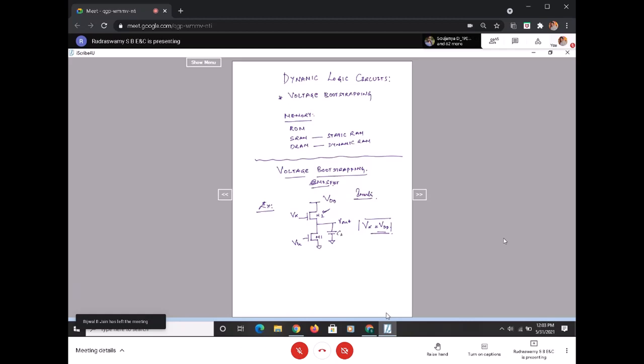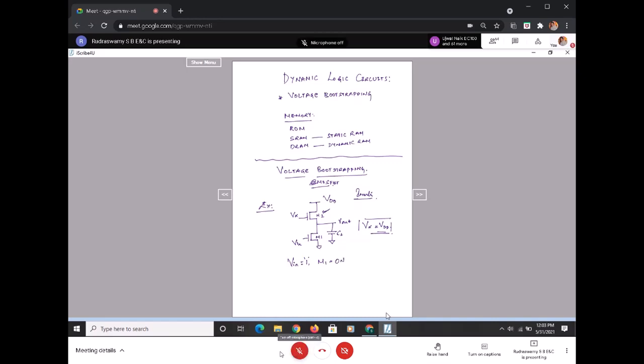Now we'll see what our V out is with respect to the load capacitance CL. When Vin is equal to 1, that is logic high, what happens to transistor M1?